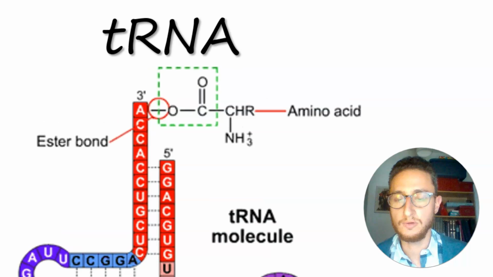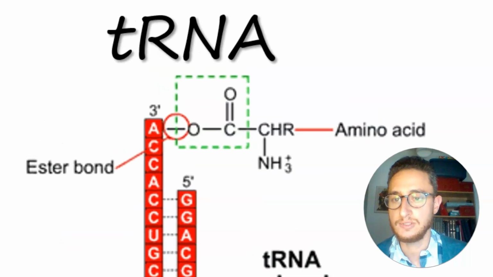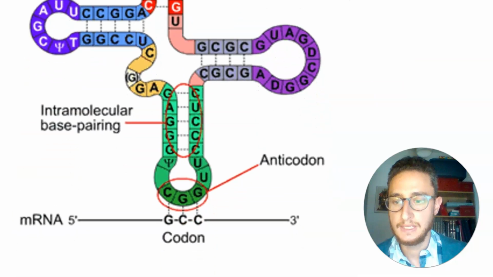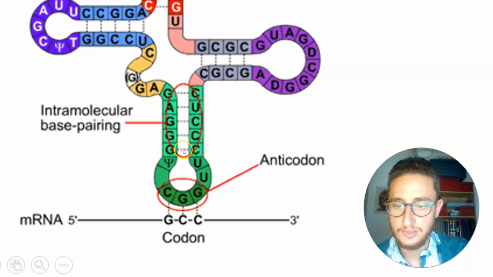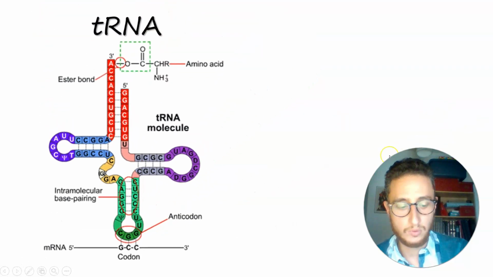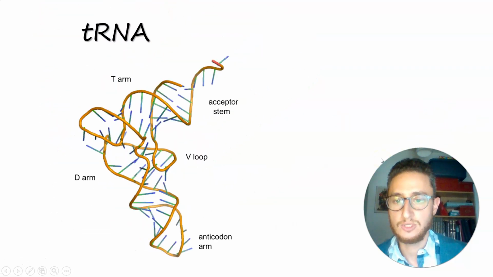So here's a little bit more of the chemistry of how it's bound. There's a little ester linkage to the 3' end. And here it's showing you the hydrogen bonding that's causing this molecule to fold. When we look at a more accurate picture of its three-dimensional shape, it looks something more like this. We can flesh it out with even more detail.